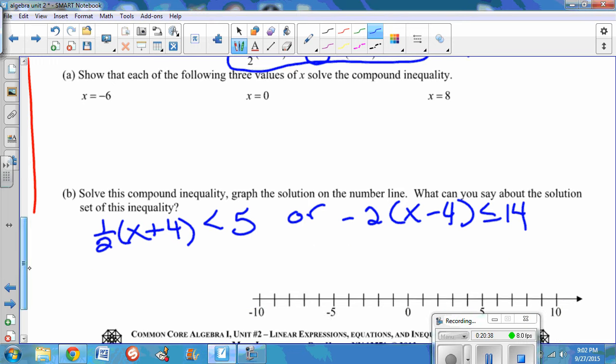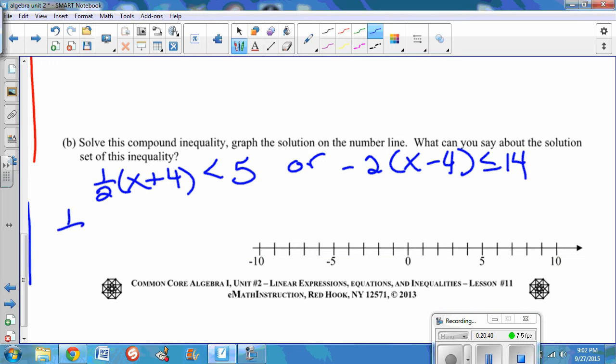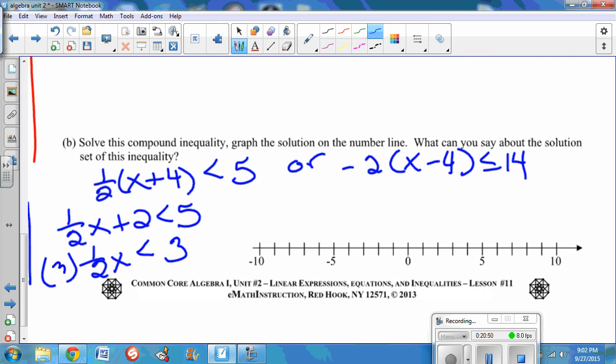Solving that, so we distribute: 1/2 x plus 2 is less than 5. 1/2 x is less than 3. I'm going to multiply by 2 on both sides. x is less than 6.